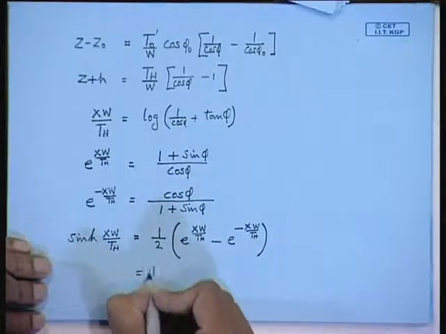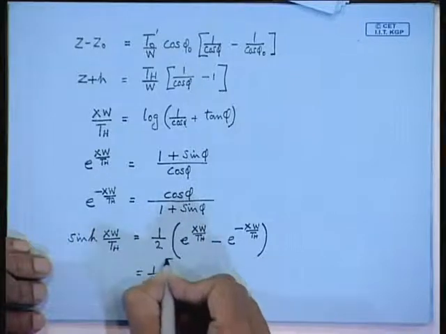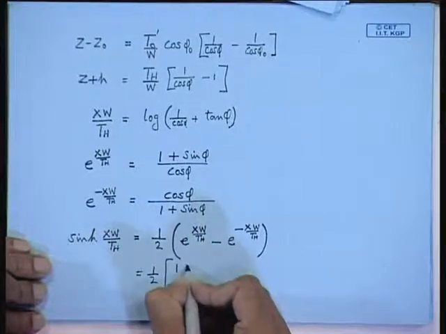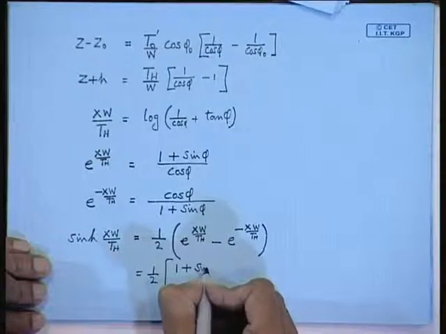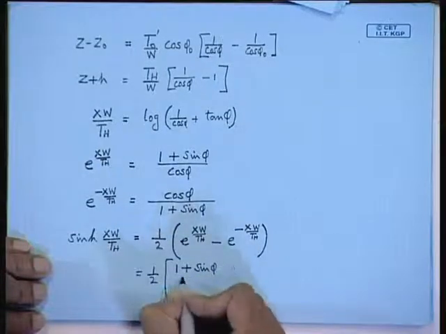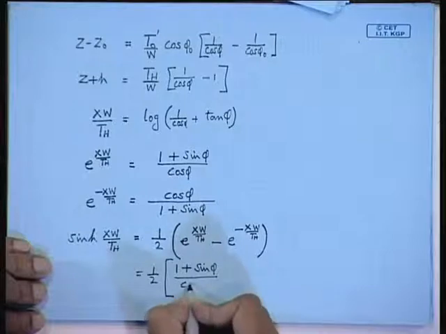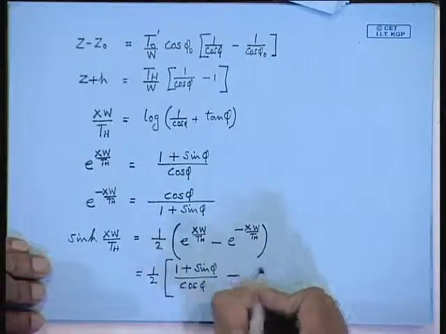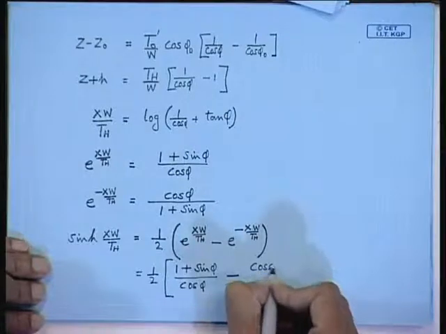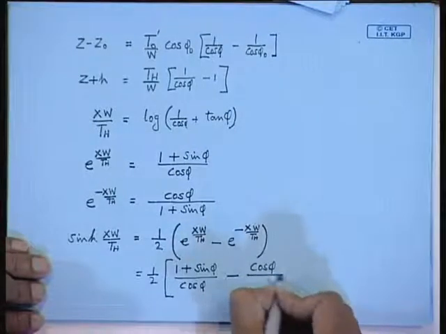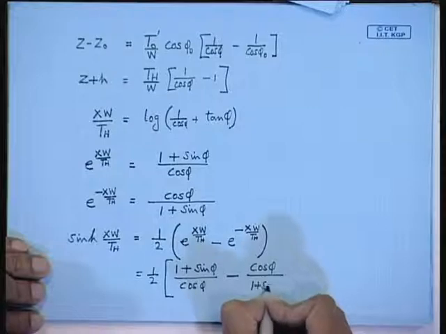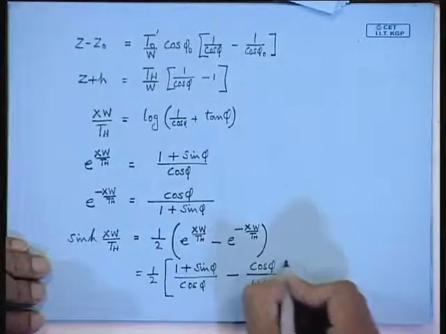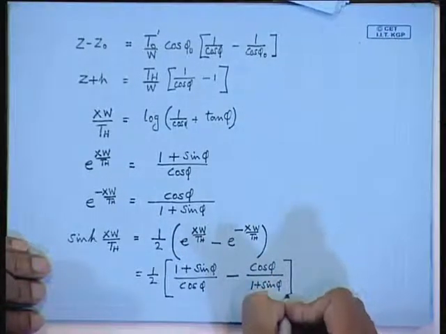So, this is half of 1 plus sin phi over cos phi. This will be minus cos phi over 1 plus sin phi. So you simplify this and you get a very simple term.